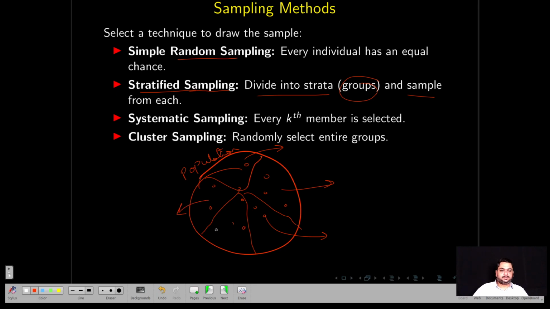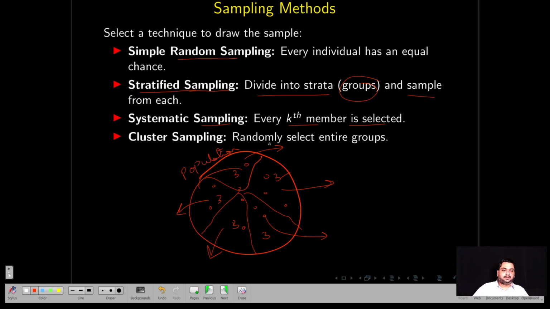So taking a sample from each group is stratified sampling. Then systematic sampling: every kth member is selected. Say data point 3 in this group, data point 3 here, data point 3 here. All these kth members will be selected. That is called systematic sampling, where from all the groups I am selecting a particular data point.